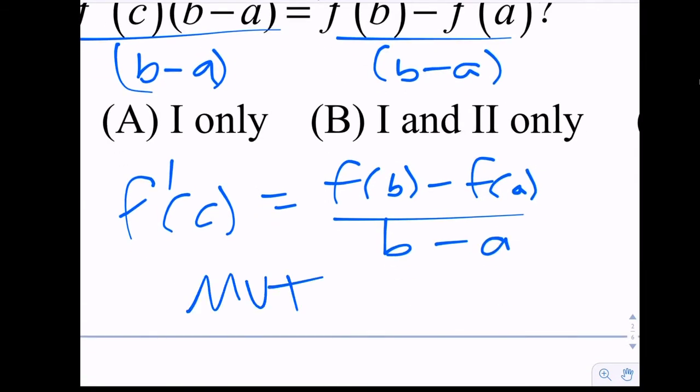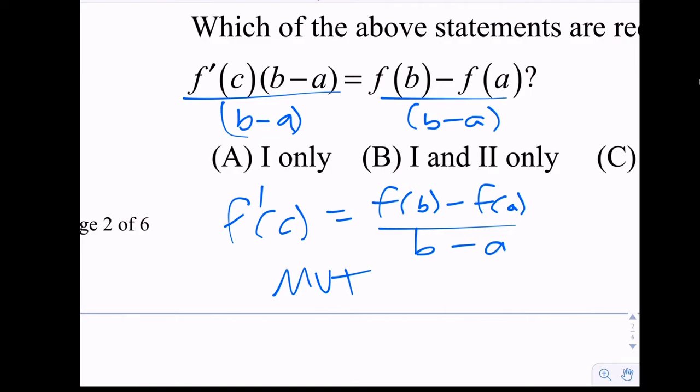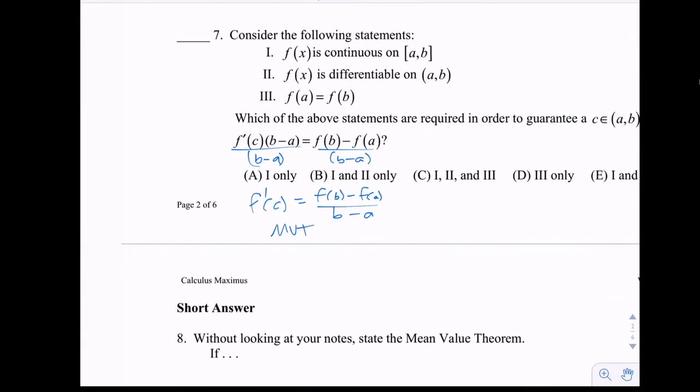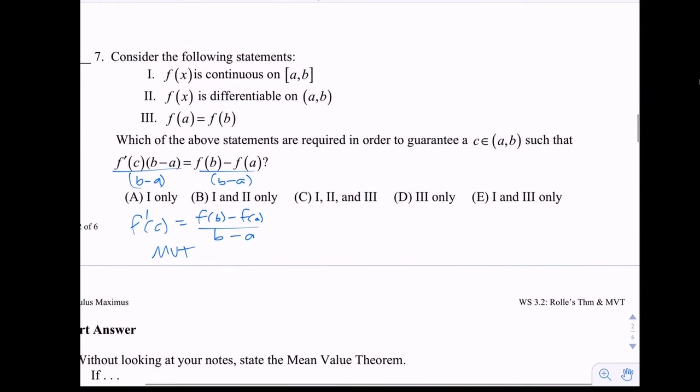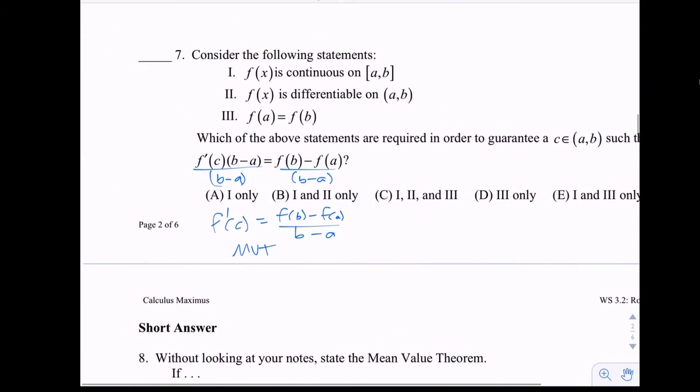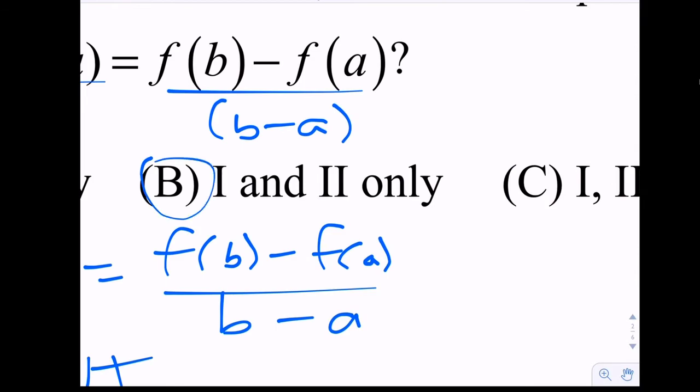So it was just in a different format. This will be a little more important when we get to the fundamental theorem of calculus. But right now, knowing that it's the MVT, we know that for the MVT to apply, 1 and 2 have to work. And the answer is B.